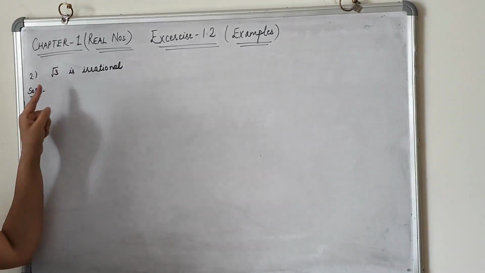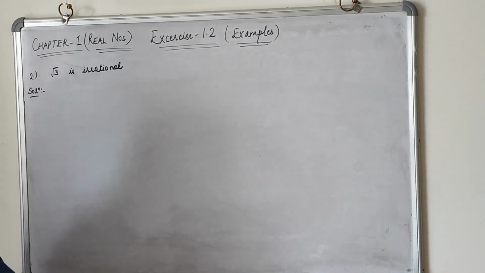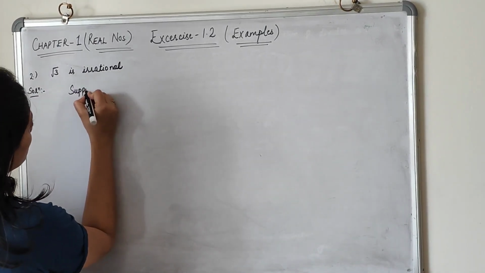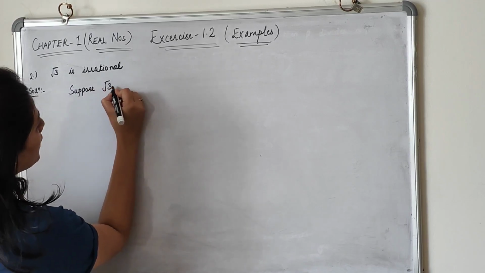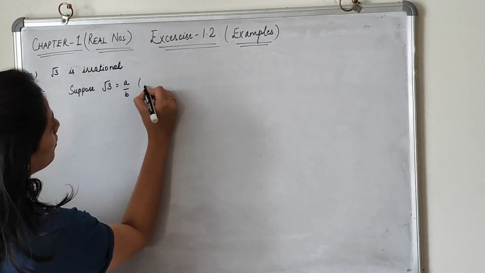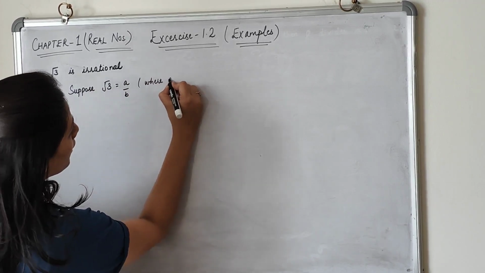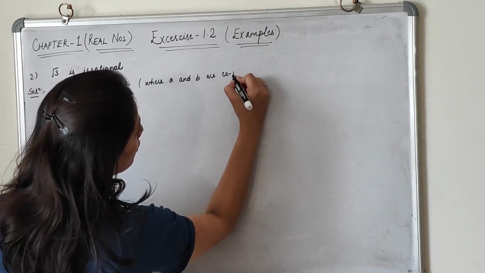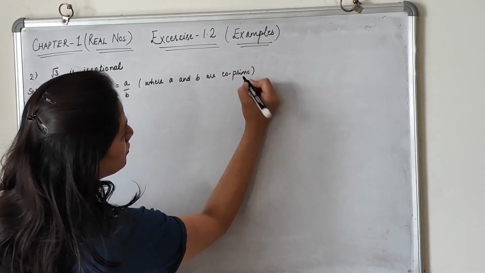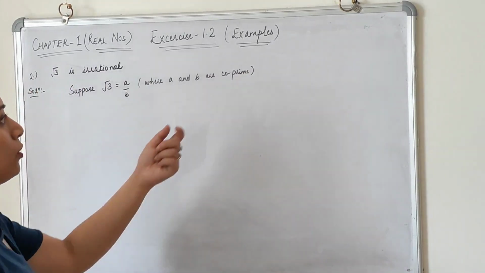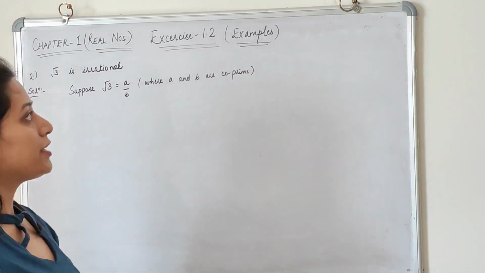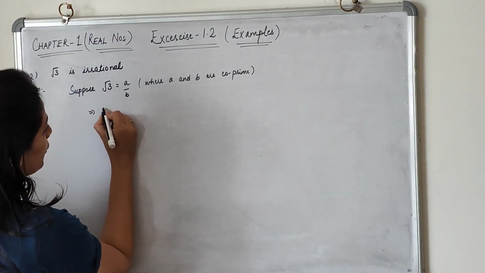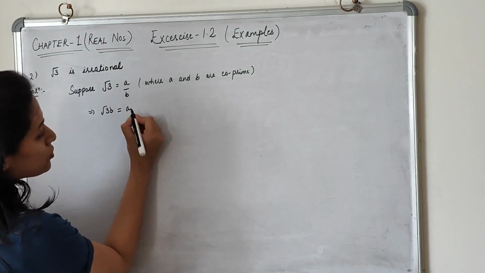Question number 2 is prove that root 3 is irrational number. Suppose root 3 is a rational number where A and B are co-prime numbers. Co-prime numbers are those numbers whose HCF is 1. Can we write this equation as root 3 B is equal to A?